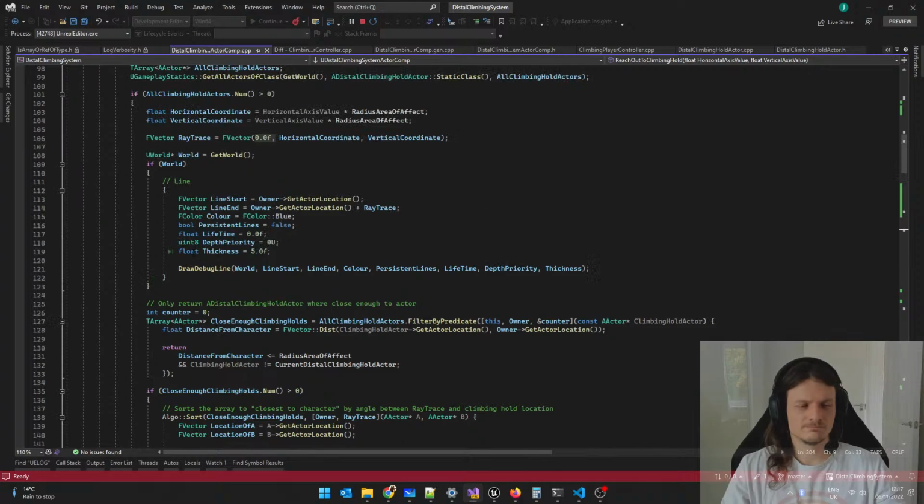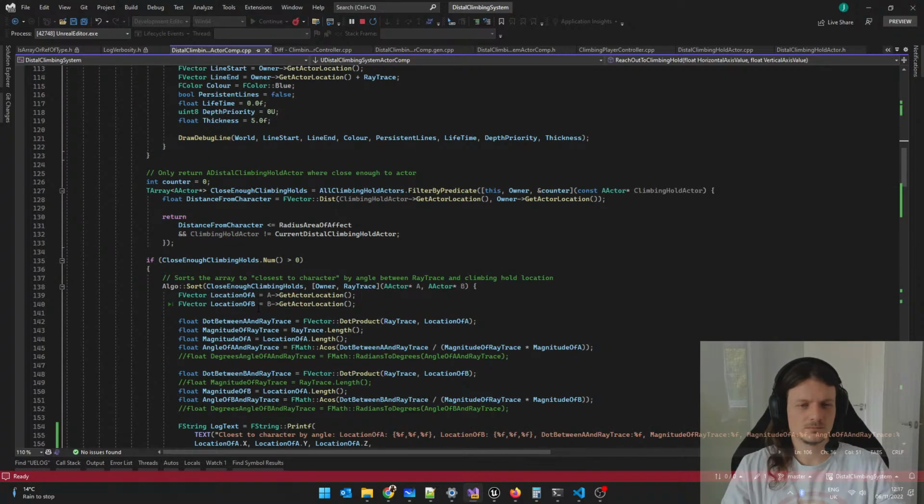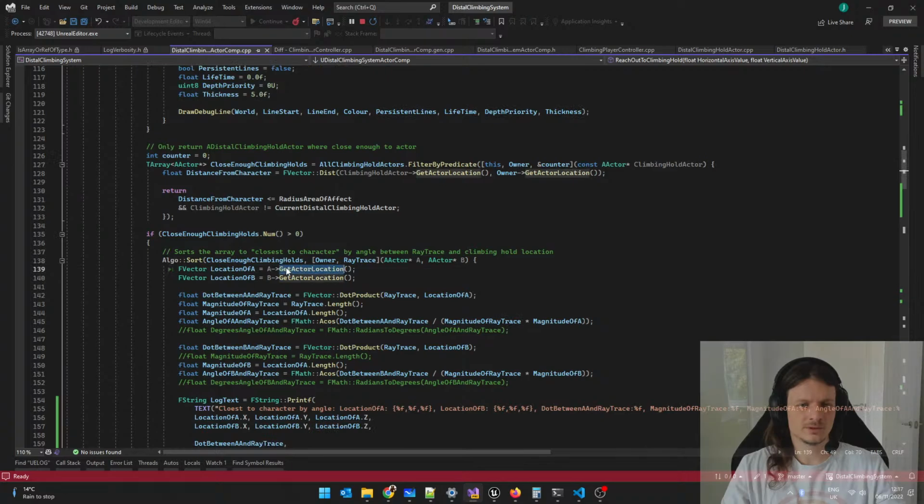Yeah, because I think because I'm actually just getting their location and not setting that to X, I think that could be problematic.